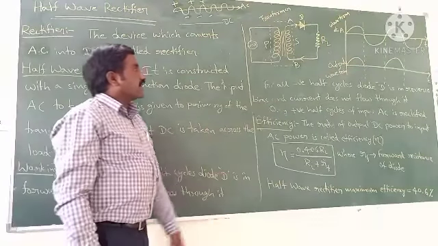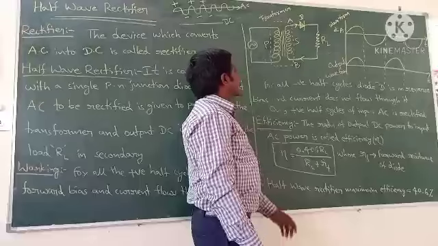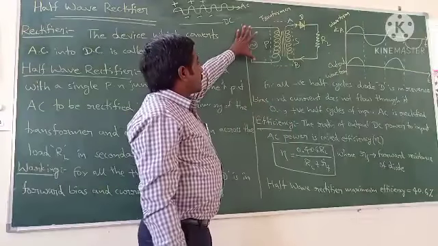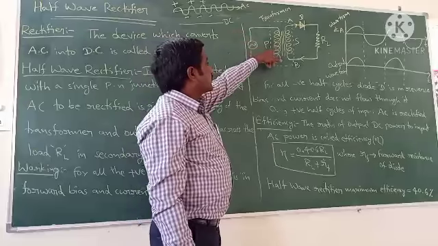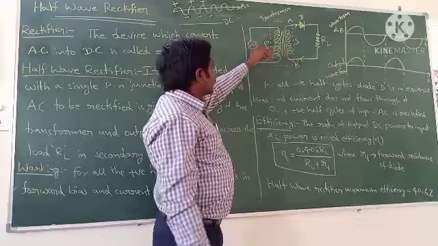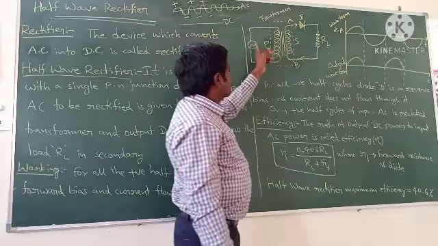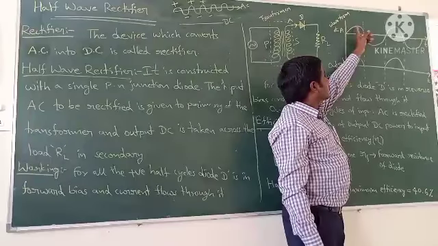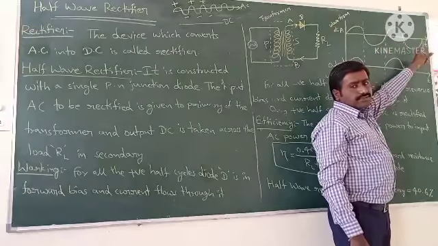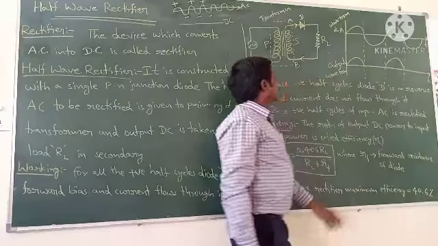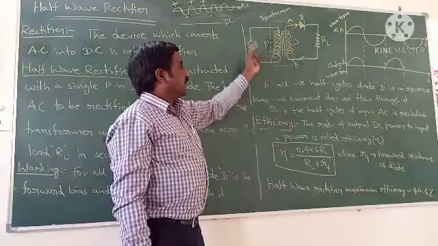And the working of this half wave rectifier is, if you observe the primary circuit, this is the input AC signal and this is called primary coil. The input AC signal is represented like this. Positive cycle, negative cycle, positive cycle, negative cycle. This is the alternating input current.